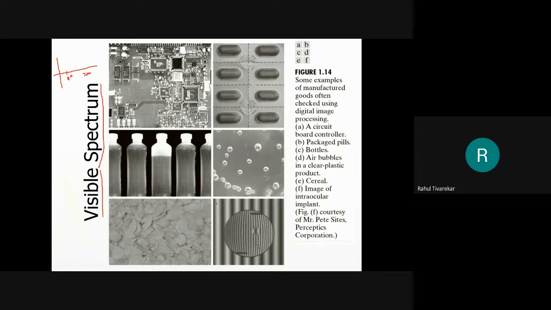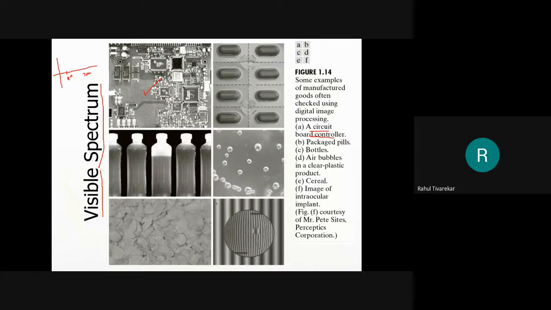So these are some popular applications where image processing comes into the picture. The first diagram is a circuit board controller, and as you can see, very minute details of that circuit board are available on this image. And this image can be further processed to analyze whether there are any link breaks in the PCB.